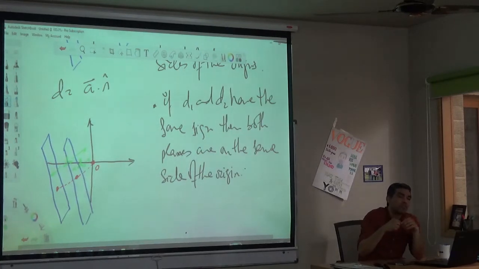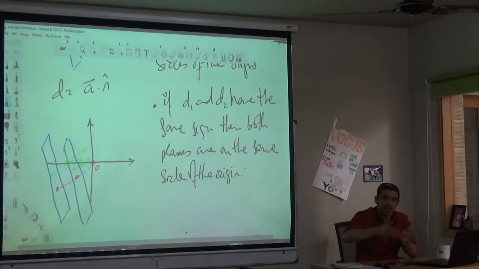I want you to find the distance from Q to plane 1 and from that point to plane 2 as well, using the whole distance formula, not A dot n hat. If the answers to both distances come out with different signs, one positive and one negative, that means both planes are on either sides of that point Q. That point Q is somewhere in between the two planes.